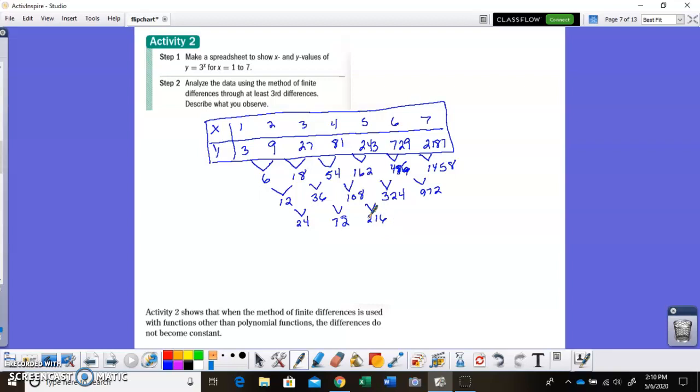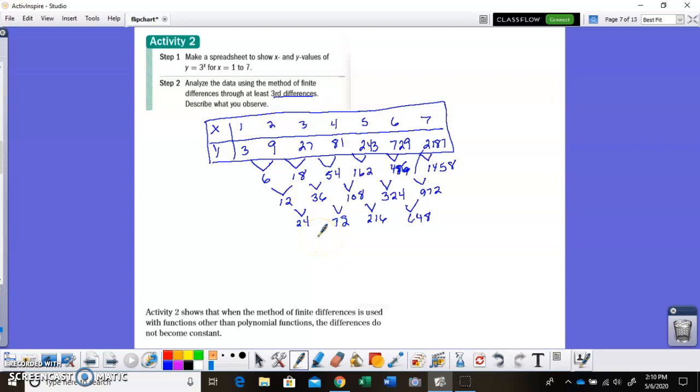And 972 minus 324 is going to be 648. Okay, so that's all it said we had to do, to the third set of differences. And we can see we don't end up with anything constant, but there's something else that I want to show you. And it's the fact that we will actually run out of the ability to do this any further.